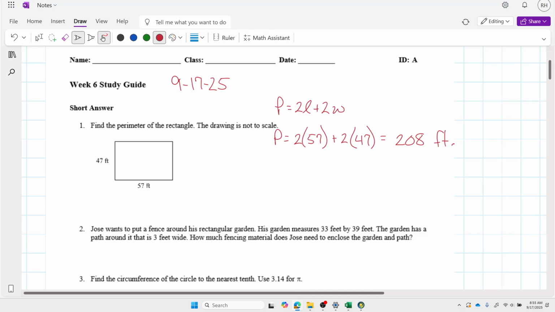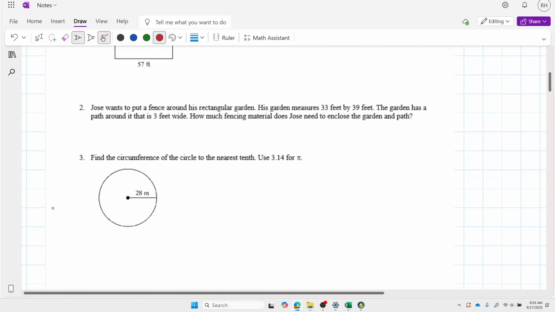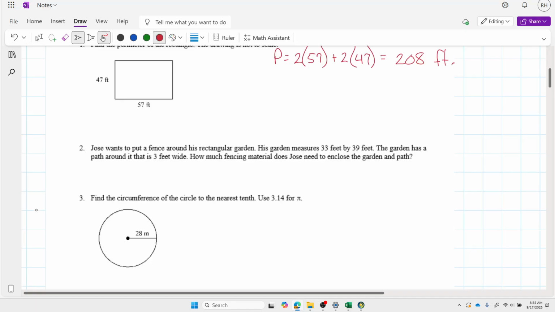All right, please pay attention to this next problem because it's not difficult, but it seems to get missed a lot on quizzes. So we got Jose who wants to put a fence around his rectangular garden. So he's got a garden, and it's a rectangle. His garden measures 33 by 39.